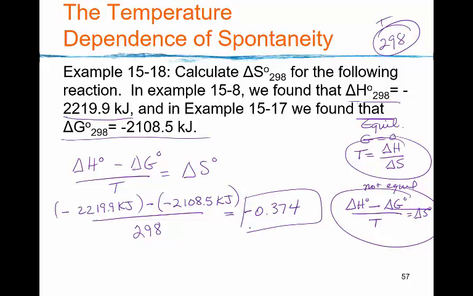Now, spontaneous or not, we have a negative delta H, a negative delta S, and a negative delta G. So let's go back and look for a minute. We have negative, negative.